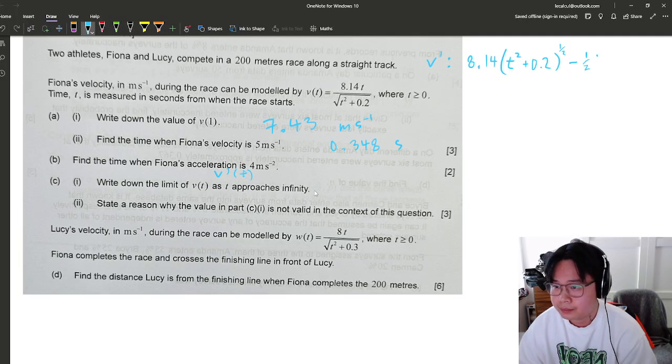Half t squared plus 0.2 to the negative half.